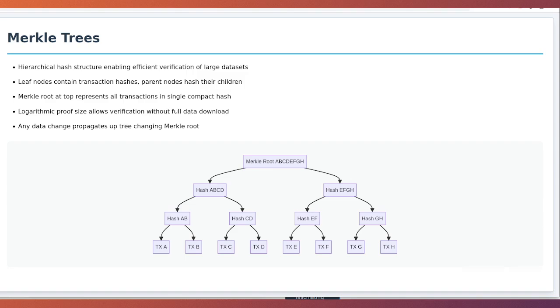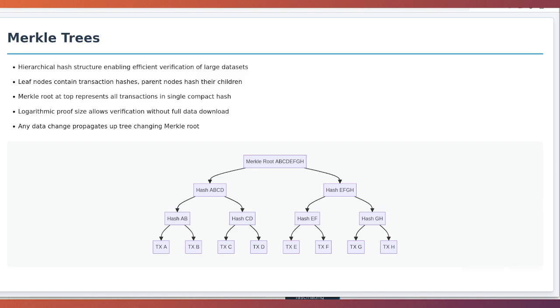Now let's explore another brilliant cryptographic structure used in blockchain, the Merkle tree. Merkle trees are named after computer scientist Ralph Merkle, who patented the concept in 1979. A Merkle tree is a data structure that allows efficient and secure verification of large data sets.